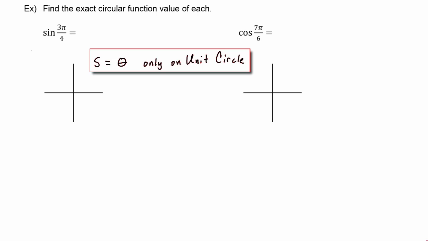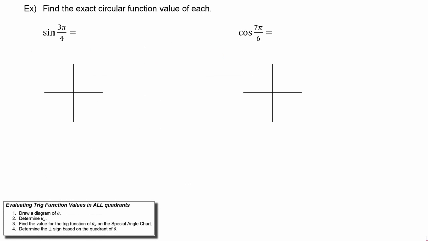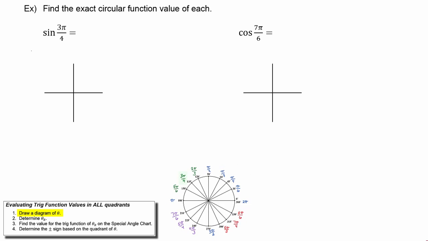So you can really proceed with this just like we've done all semester long with the 4 steps that we've been using. So step 1 is to draw a picture of theta, and 3 pi over 4 we know is in quadrant 2. Here's theta, 3 pi over 4.